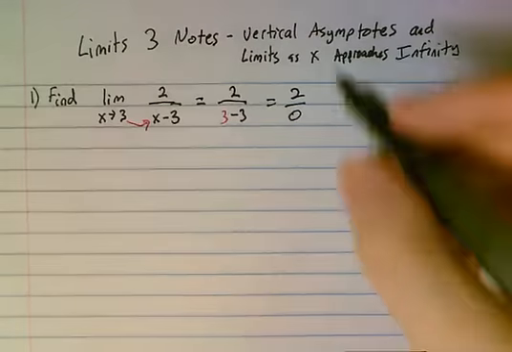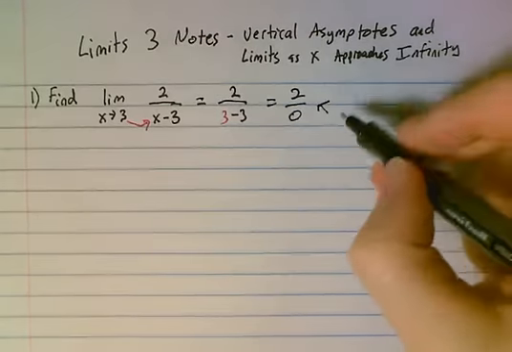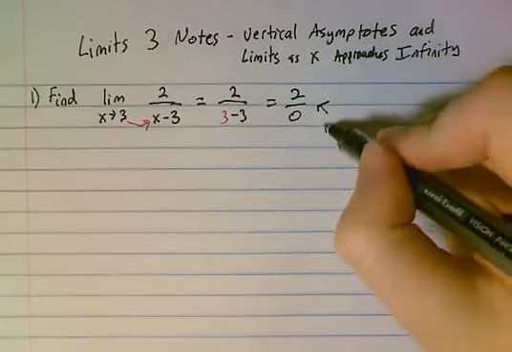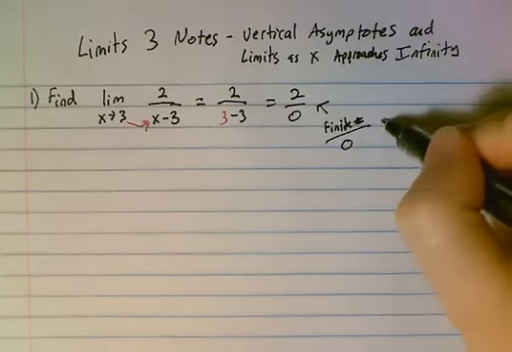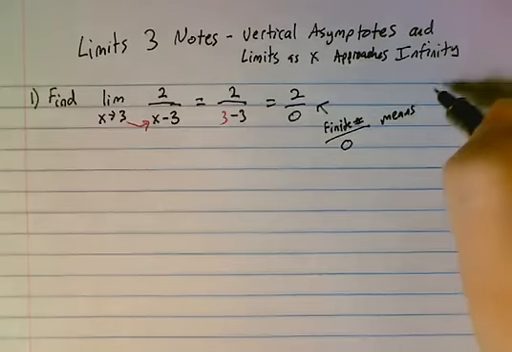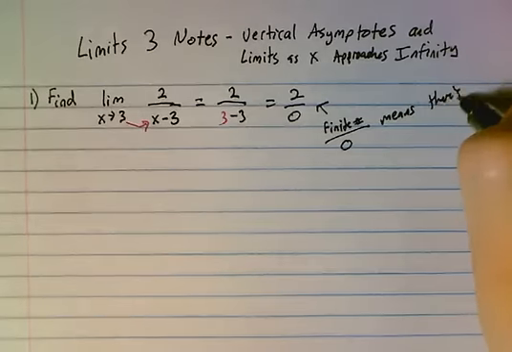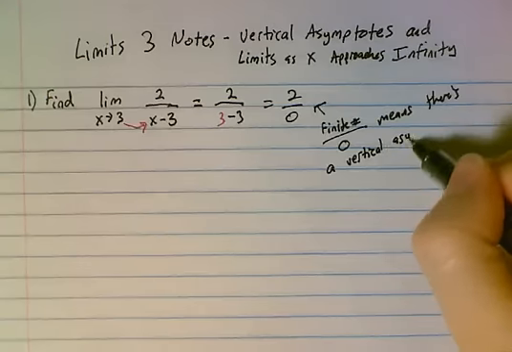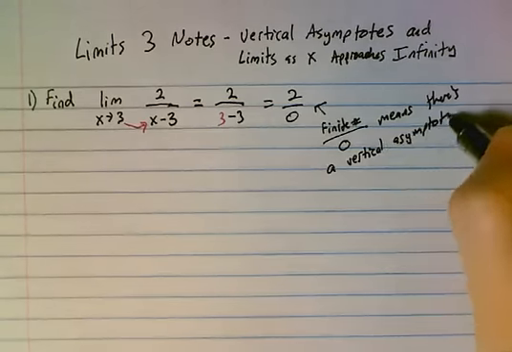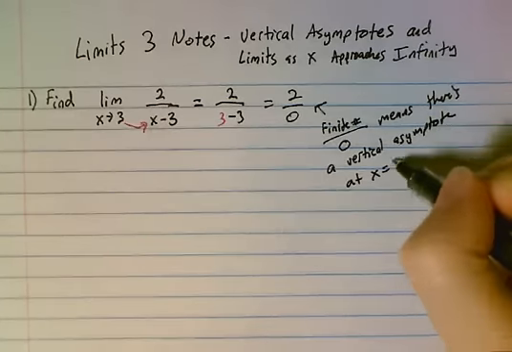But what we can do is look at this and say we know that a finite number over 0 means there's a vertical asymptote at x equals 3.